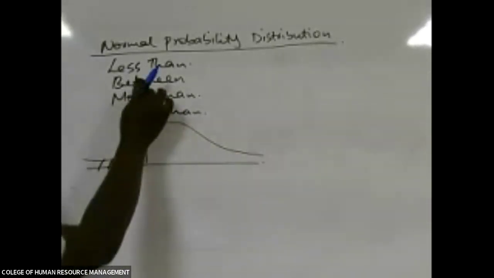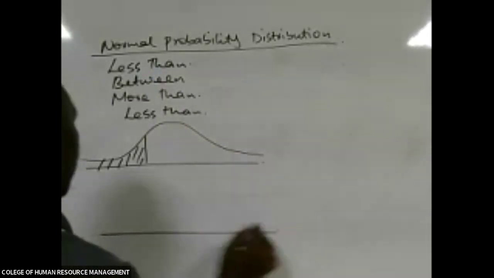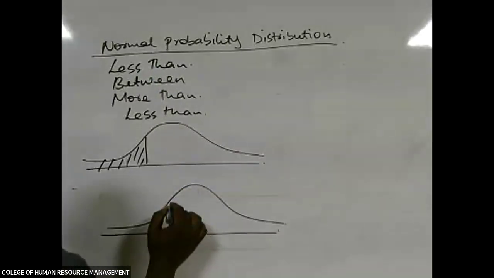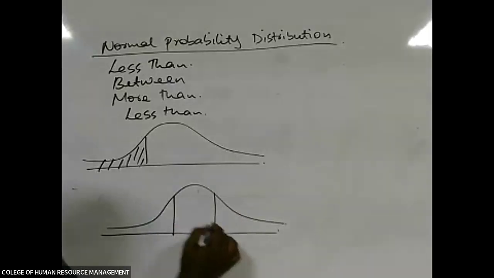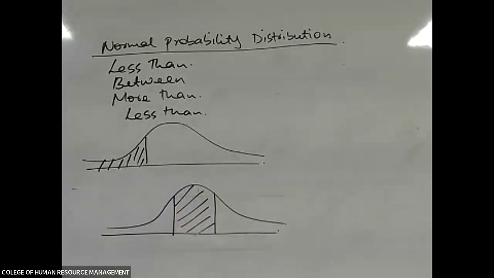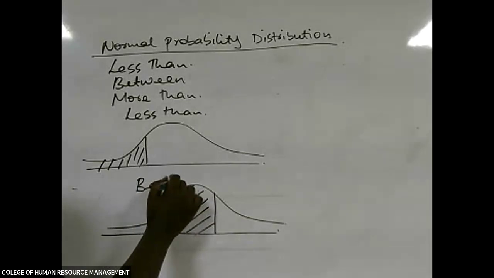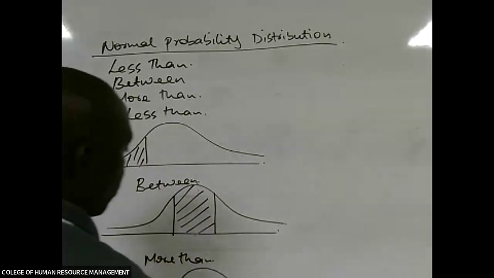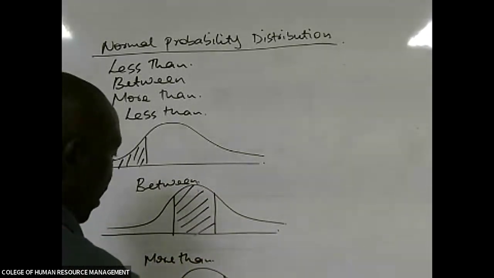For between, we are going to talk about between 2 values. So our area of interest will be the one at the center. This one is for between. For more than or greater than, our area of interest will be this area to the right.